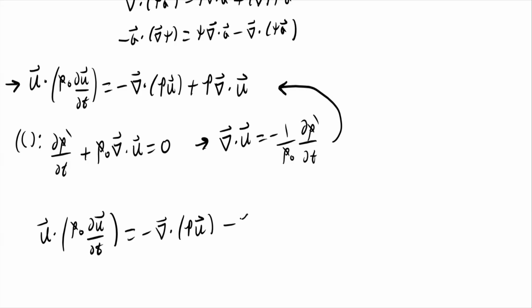So we have negative P over rho naught times the time derivative of the perturbation density.